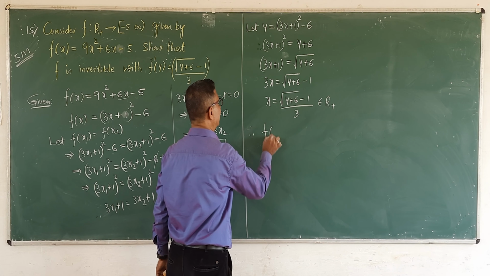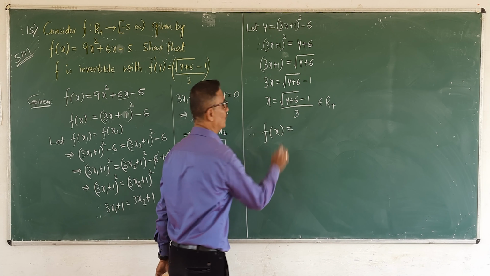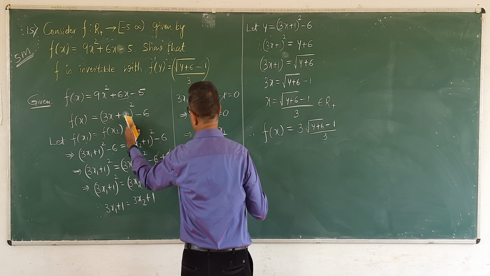Now to prove that the image of x is equal to 1, codomain is equal to range. Therefore, f of x is equal to, what is the f of x value? 3x plus 1 whole power 2 minus 6. But the value of x is (root of 5 plus 6 minus 1) divided by 3.